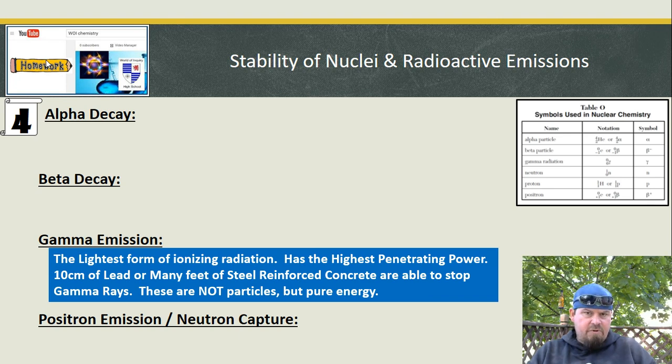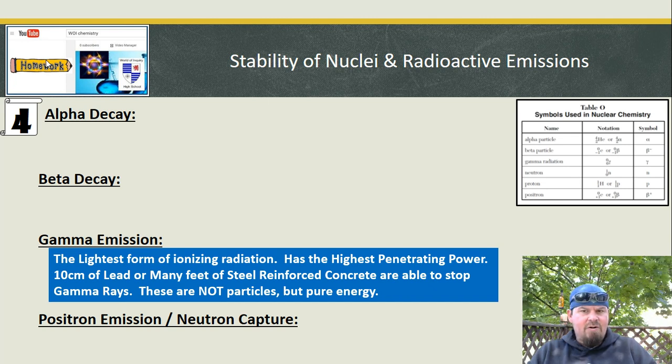Gamma radiation is the boogeyman. It has the highest penetrating power because it is just pure energy. So you need a good solid chunk of lead or many feet of reinforced concrete. We're talking 6 feet of concrete to be able to stop it. It has enough penetrating power to go through 6 feet of concrete.